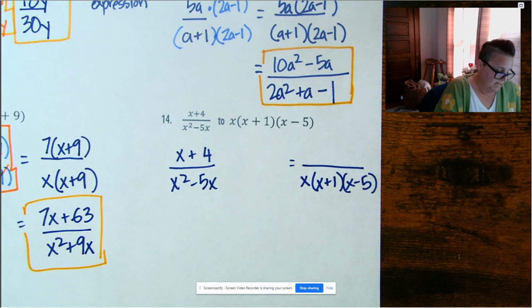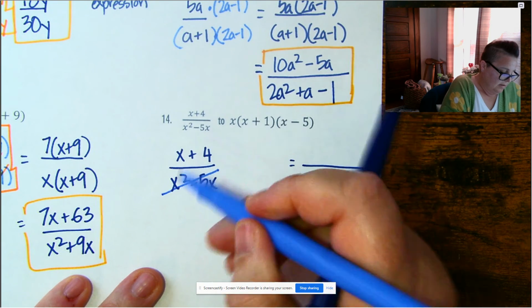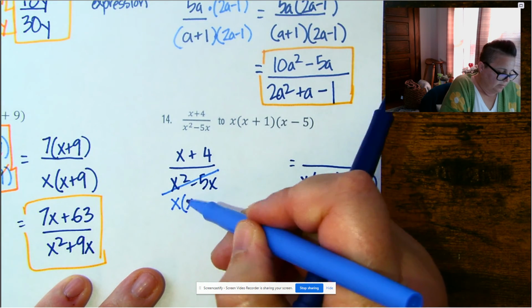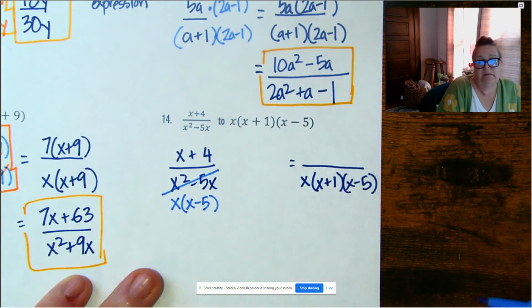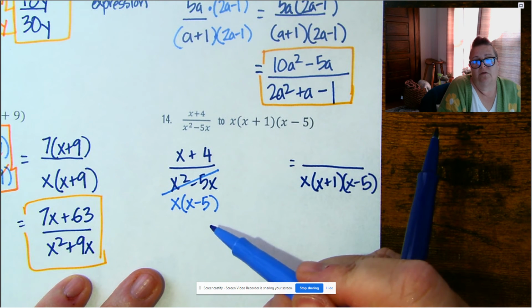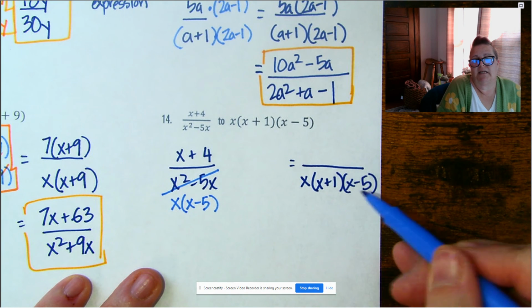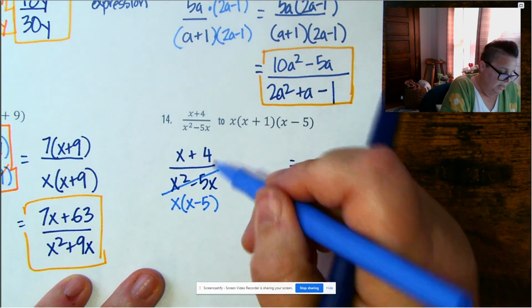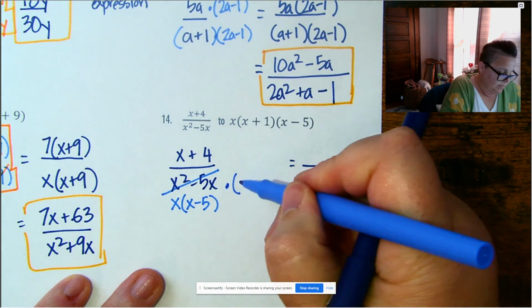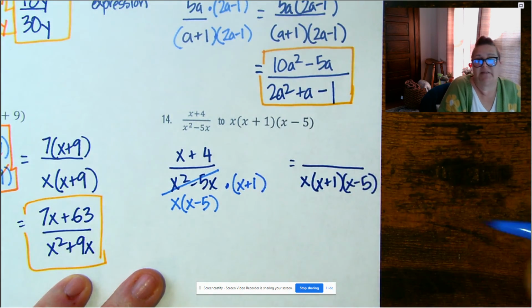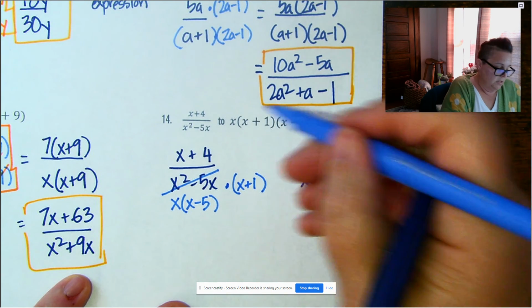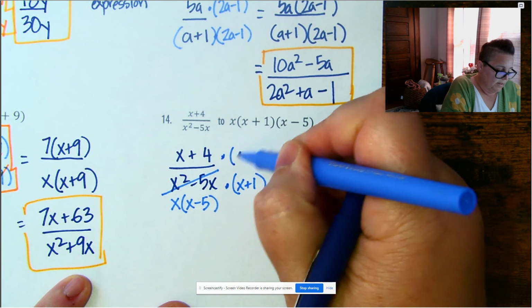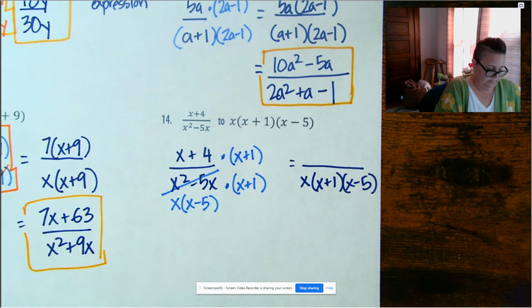That I could take this and factor it into x times x minus 5. This is helpful because then I've already got the x and the x minus 5 here. And I only need to multiply the denominator by x plus 1. That's the only factor that I'm missing. So I would only need to multiply the numerator by x plus 1.